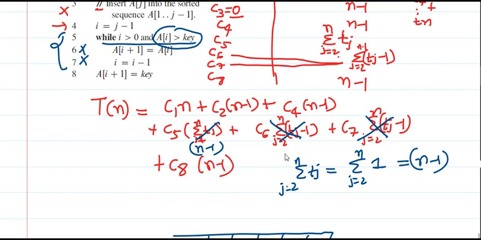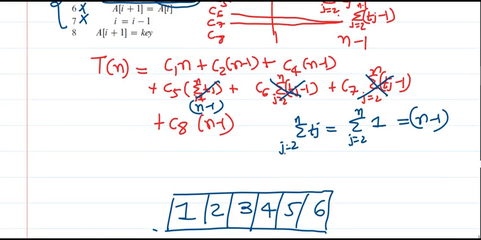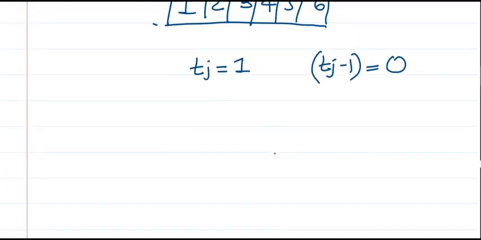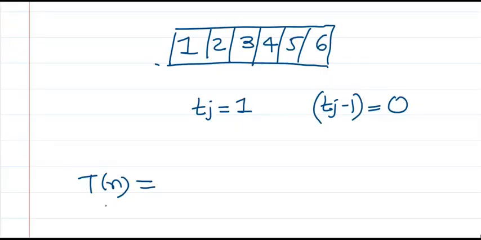So instead of this we can substitute n minus 1. And now if we simplify this, the modified equation will correspond to the time taken by the algorithm in the best case.